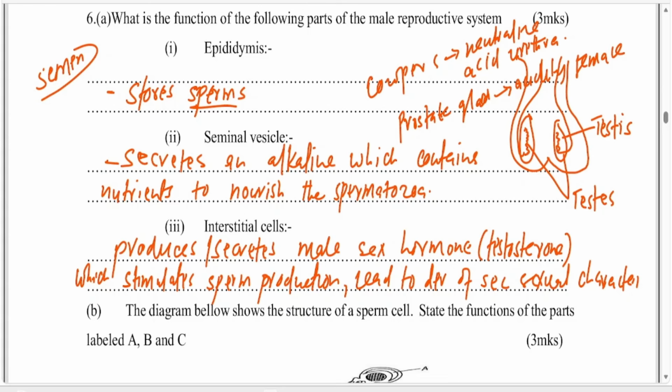So that is the work of interstitial cells. So stating these parts and their functions correctly, you are awarded 1 mark.